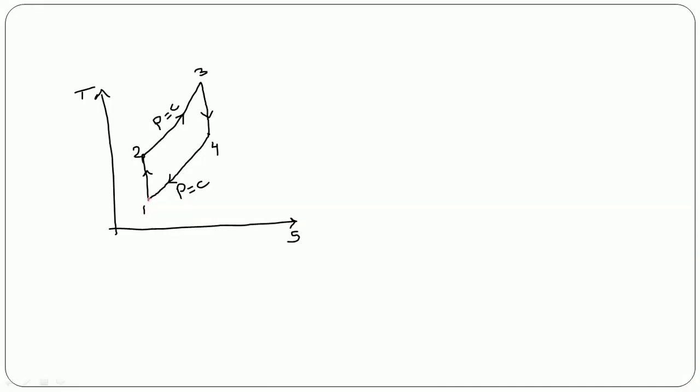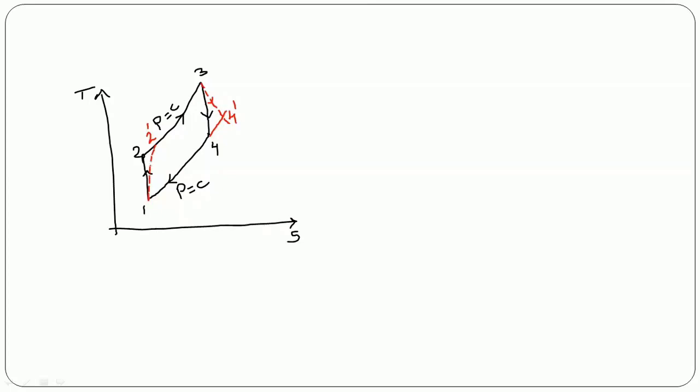That means there will be an increase in entropy during compression, as well as there will be an increase in entropy during expansion from 3 to 4 dash like this.